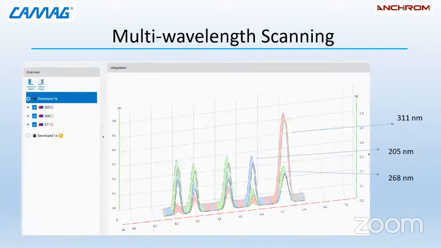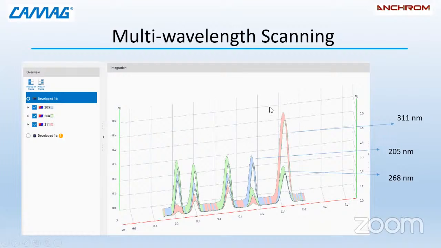There is one more option of multi-wavelength scanning, in which you can scan your compound at different wavelengths. Here we have an example in which we have done scanning at 3 different wavelengths, 205, 268 and 311 nanometer. And I can see from the image that I have got maximum response at wavelength 311 nanometer.